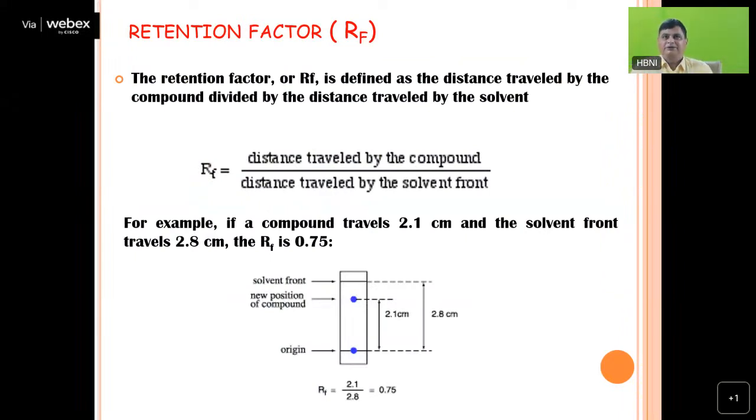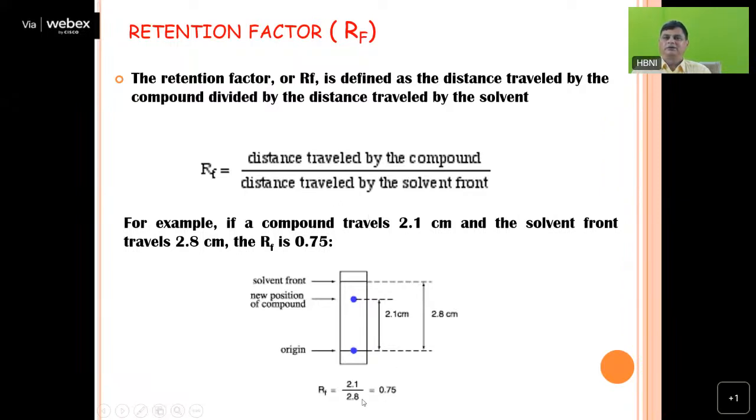The retention factor or RF is defined as the distance traveled by the compound divided by the distance traveled by the solvent.